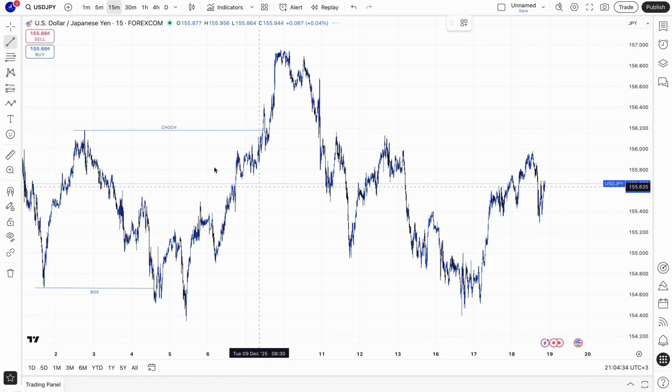And then we had our break of structure to the upside. So we had our liquidation from here, and then we had our change of character from here.